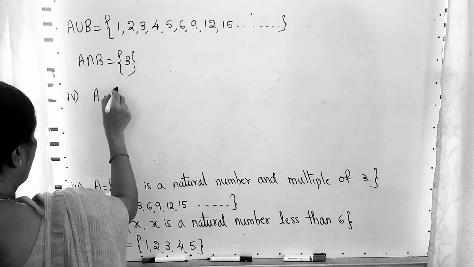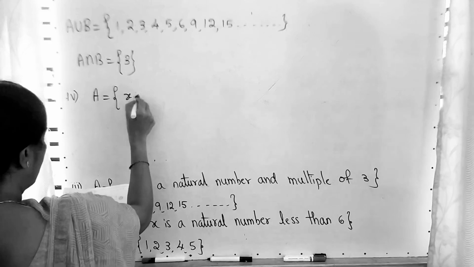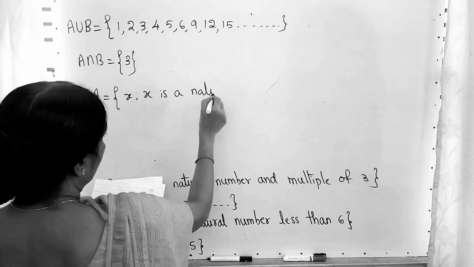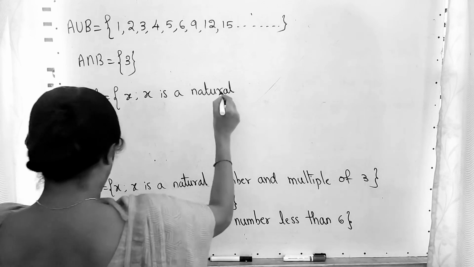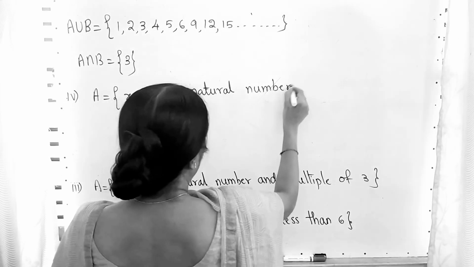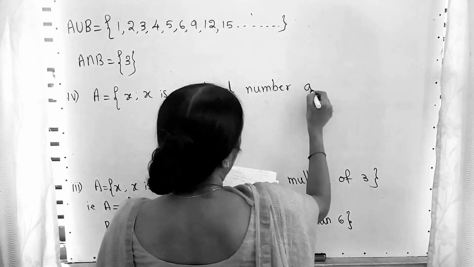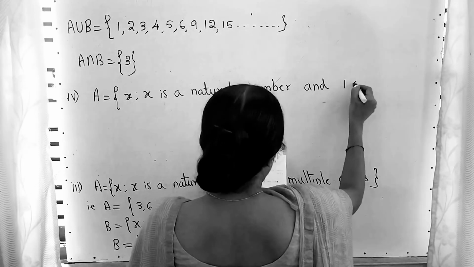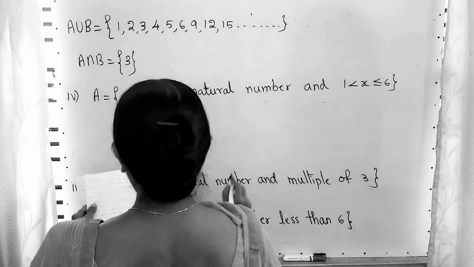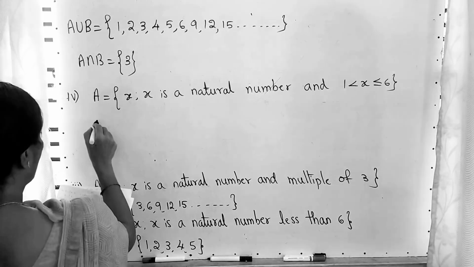The set is given again in the set builder form, x such that x is a natural number and it is lying between 1 and 6. See, 1 is open and 6 is closed.